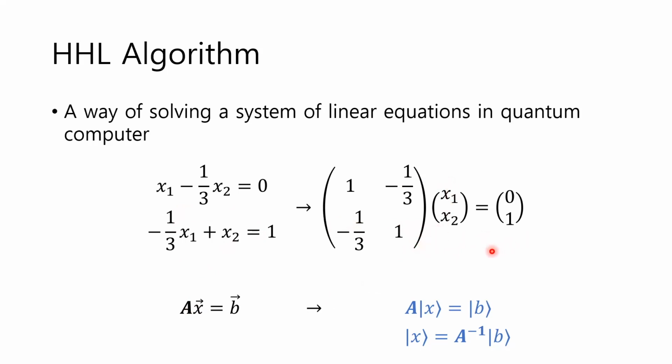If we regard the coefficient matrix as a quantum operator and these vectors as quantum states, it's nothing but a quantum operation on some specific quantum states. So here, if we want to know the x state, we just multiply the inverse of the A matrix on both sides.